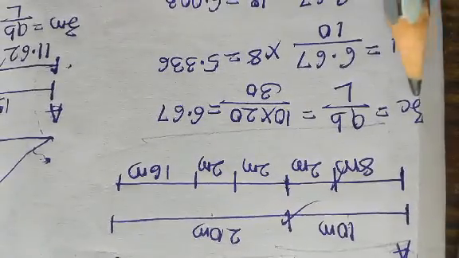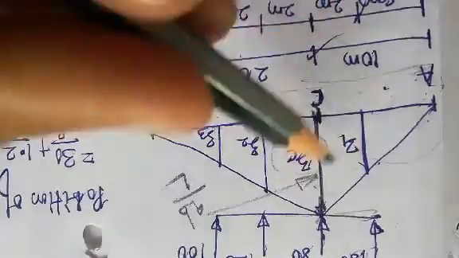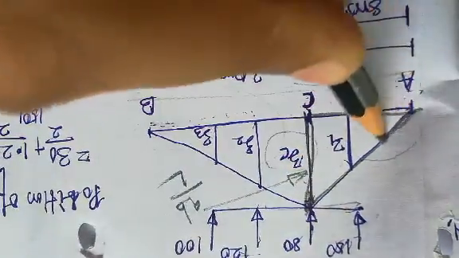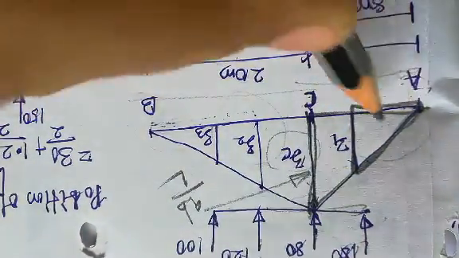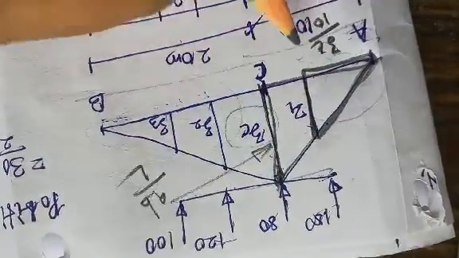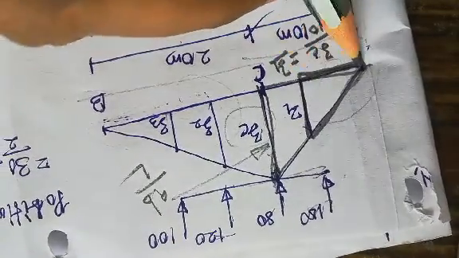Now let us do ZC, AB divided by L. Now for Z1 I have to consider this larger triangle, and this will be my smaller triangle. For Z1 calculation, ZC divided by 10 will be equal to Z1 divided by this distance.